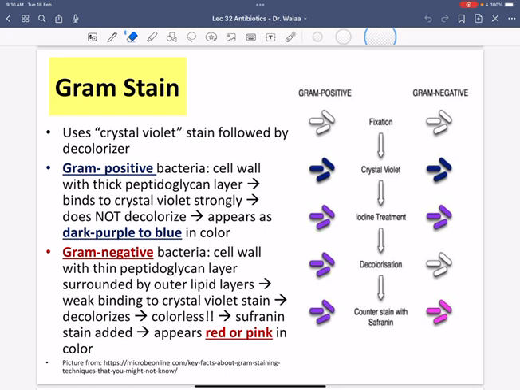This is the opposite when we talk about gram-negative bacteria that have a thinner cell wall, and it's also surrounded by lipid layers. So the uptake of the stain won't be optimal as in the gram-positive. So even after we decolorize them, they will end up being colorless or white. And then at the last stage, using the safranin stain, the gram-positive would still look violet, but the gram-negative will look pink or red in color.